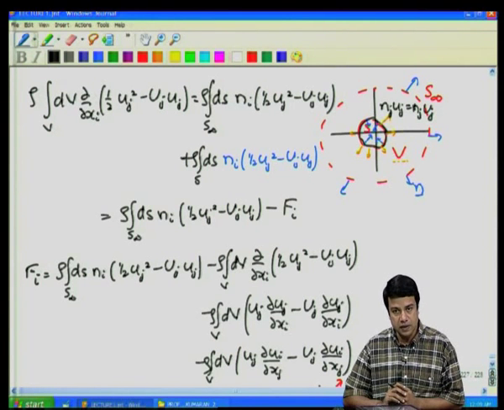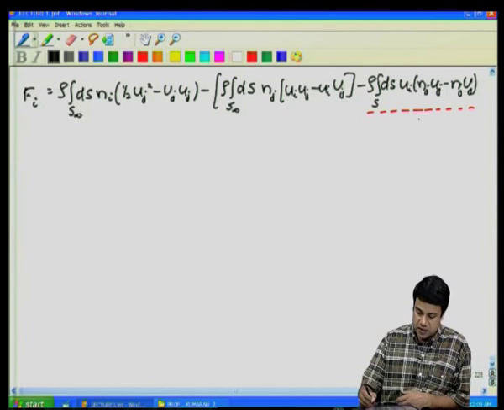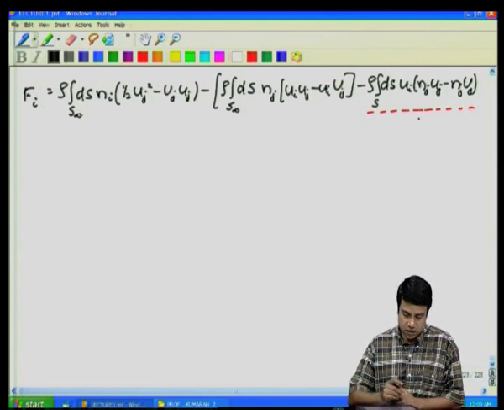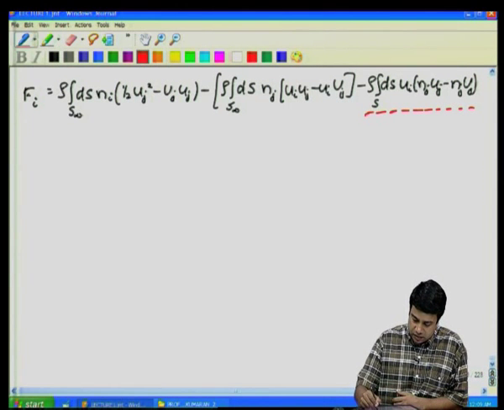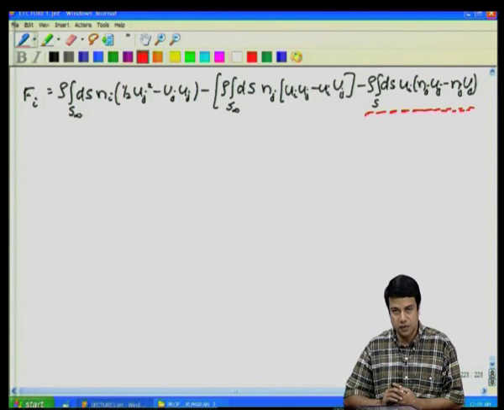However, in the normal direction, the normal velocity of the fluid perpendicular to the object surface is equal to the velocity of the surface itself. So, there is no penetration. And because of this boundary condition, this term is identically equal to 0. The term that I have shown in red here, ui times nj uj minus nj times capital Uj, is identically equal to 0.